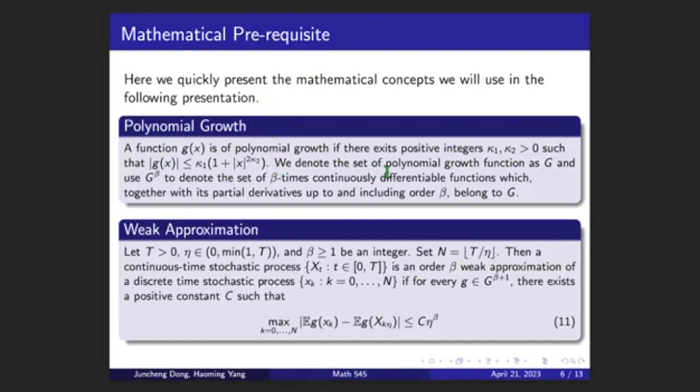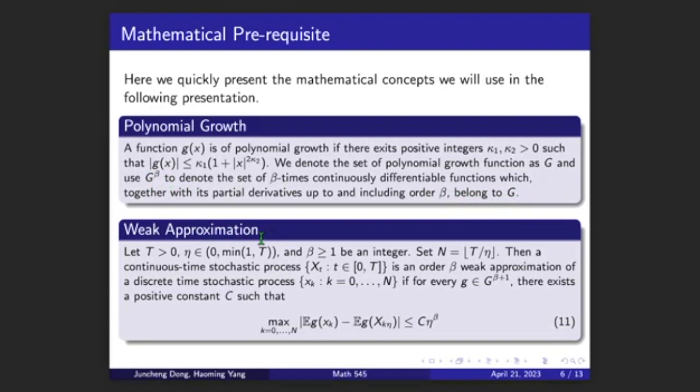And we denote the set of polynomial growth functions as G. And we use G to the beta to denote the set of beta times continuously differentiable functions, which together with their partial derivatives up to and including order beta belong to G. So this means that all the functions in G beta have derivatives that are also of polynomial growth.